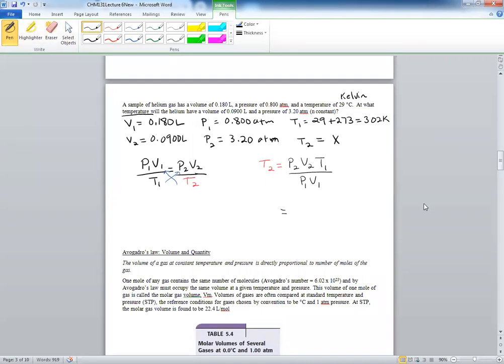Now we need more space here because we have some numbers, so we'll put T2 right here. Okay, P2 is right here, 3.20 atm.